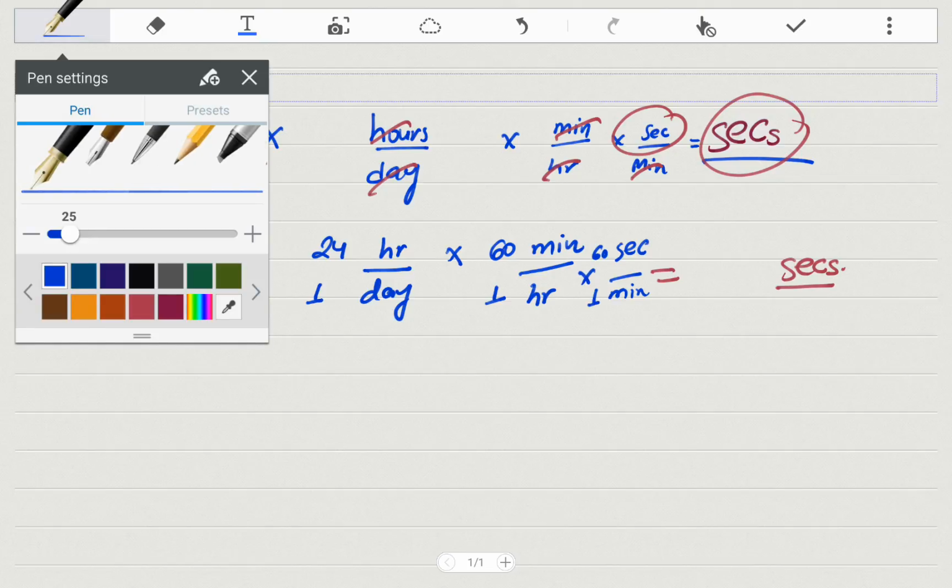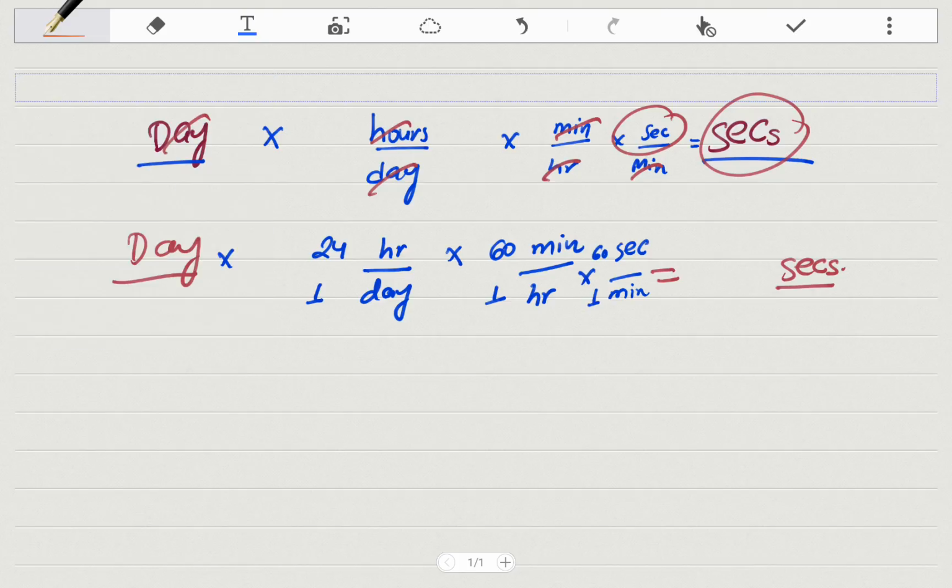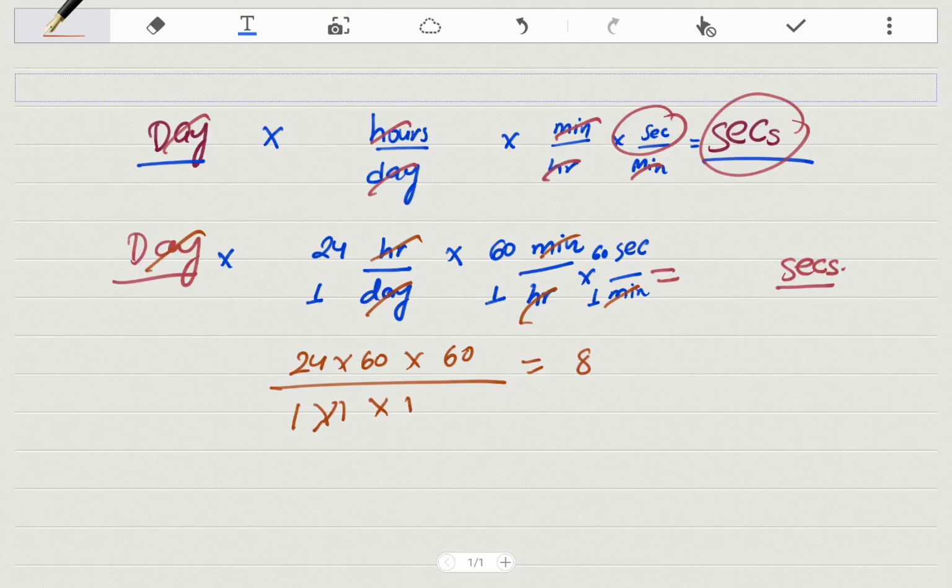Now, what you're really doing in your previous step is you're getting rid of day and day, hour and hour, minute and minute, all you remain with is seconds. Now, this conversion factor really is the multiplication of what's on the top, that is 24 times 60 times 60, and then on the bottom 1 times 1 times 1, and this comes out to be 86,400.